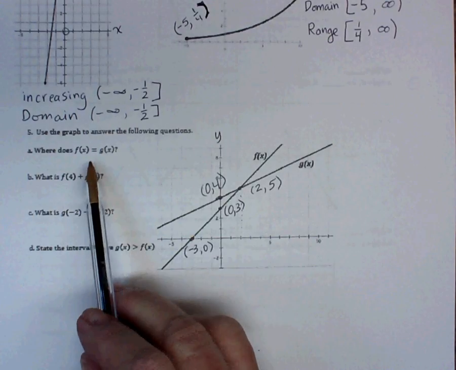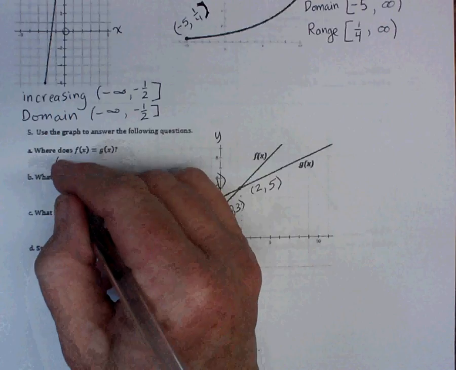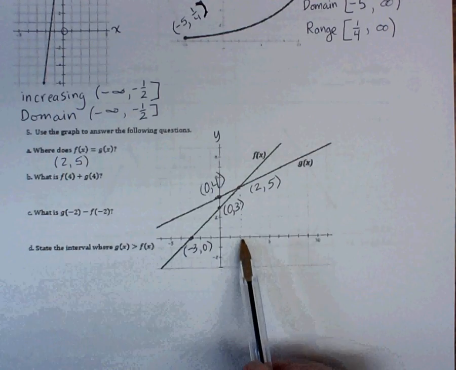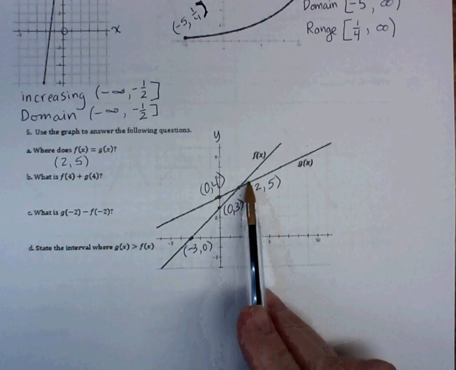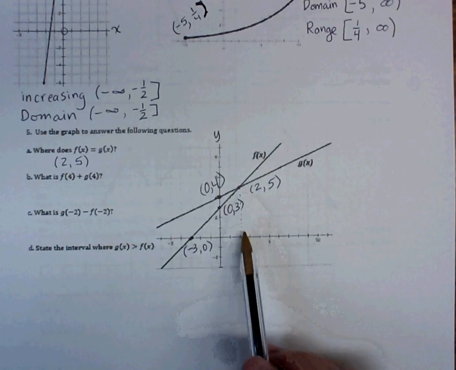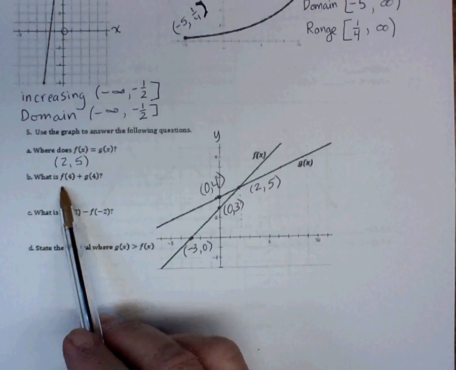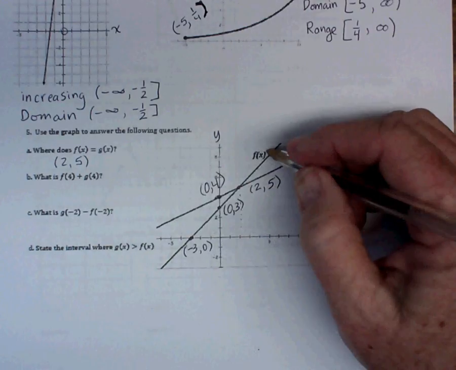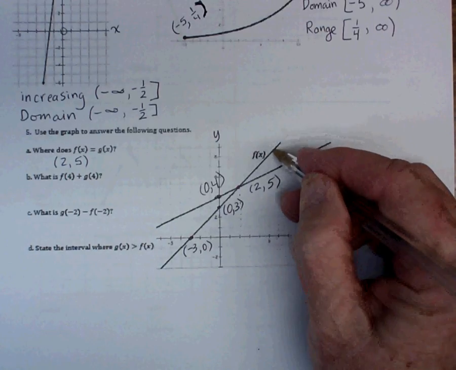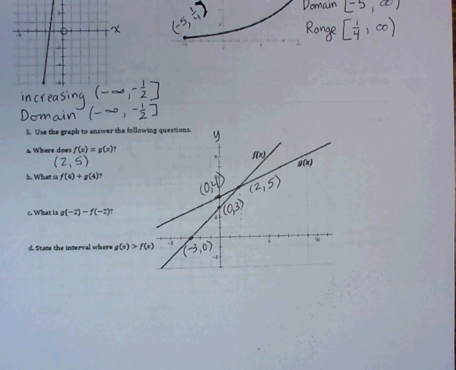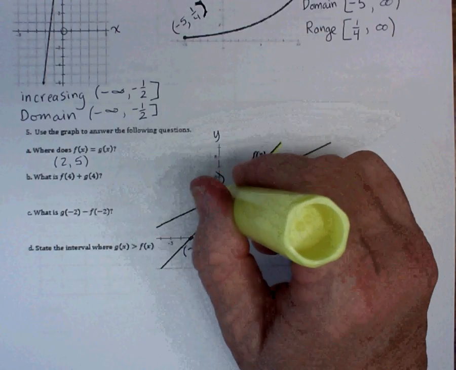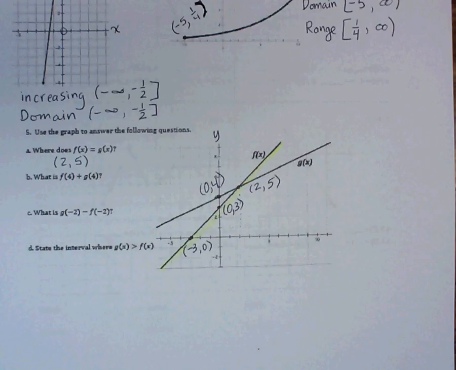Where does f of x equal g of x? At 2, 5. These lines copied kind of light, so it may have looked different in the book, but the closest I can see there is 2, 5. Then it's asking what is f of 4 added to g of 4. So here's f of x, and here's g of x.